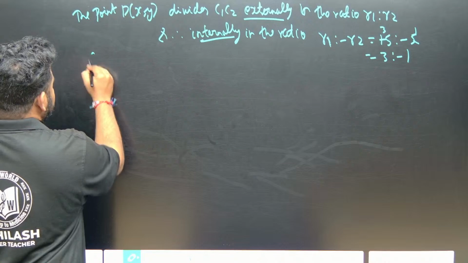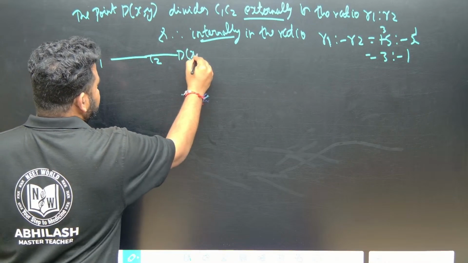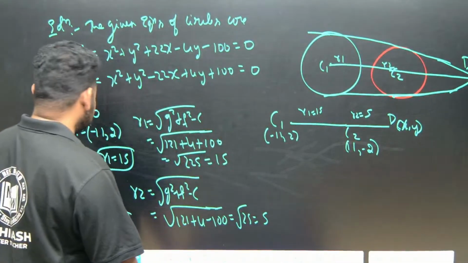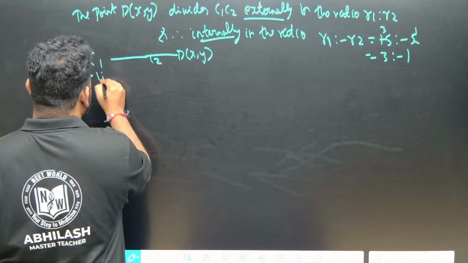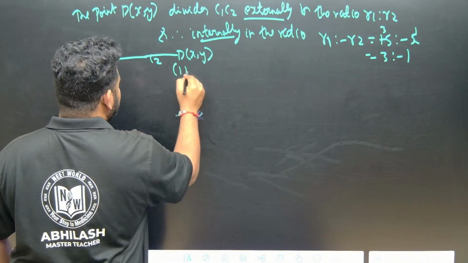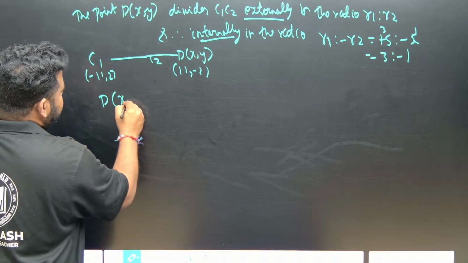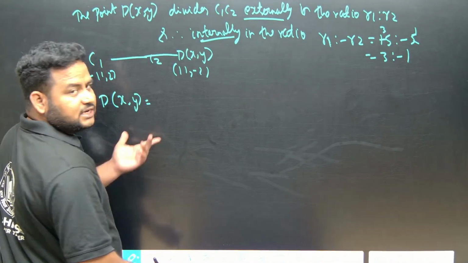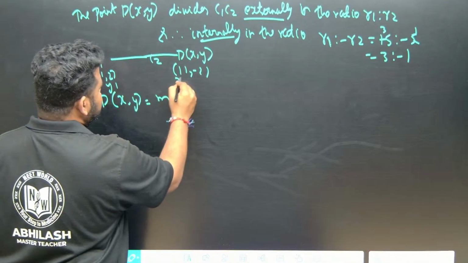C1 is minus 11 comma 2, and C2 is 11 comma minus 2. So this is Dx, y, and it divides internally. Let this one be x1, y1 and this be x2, y2.